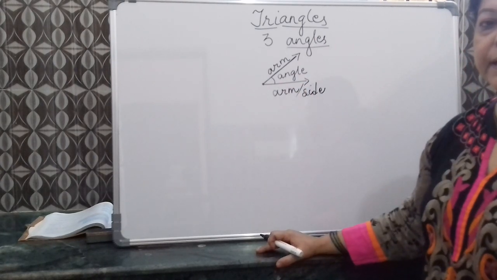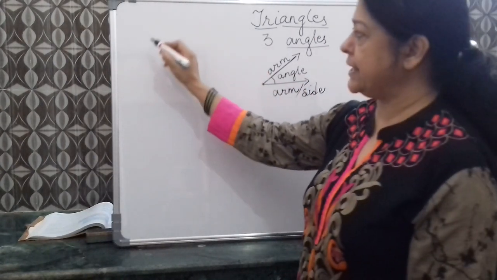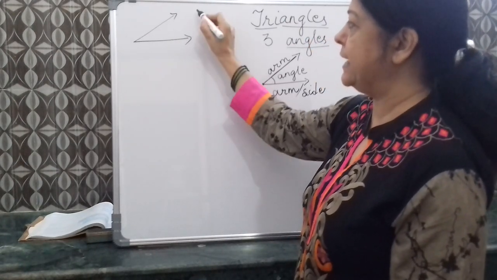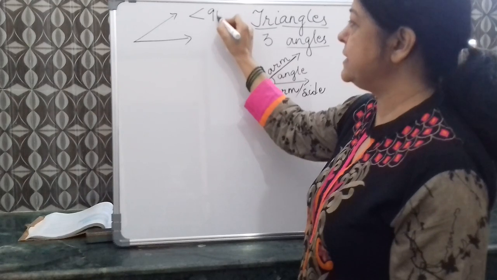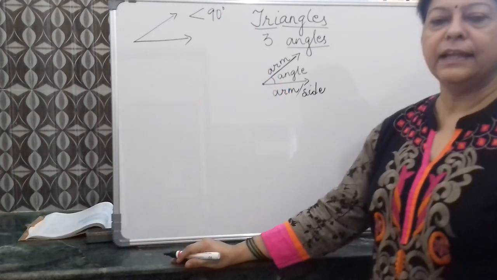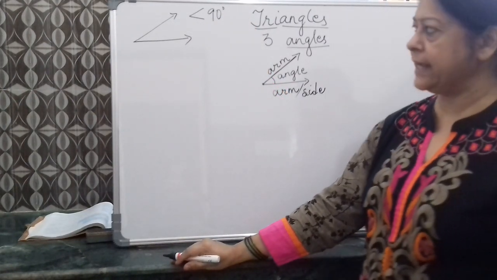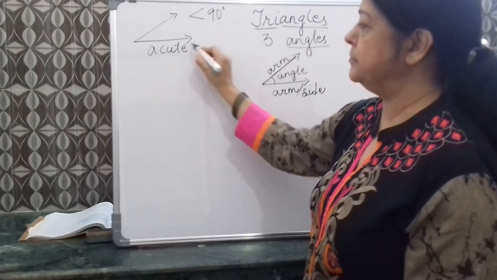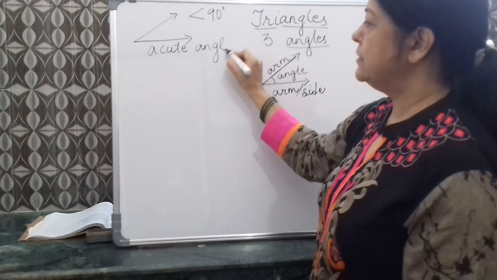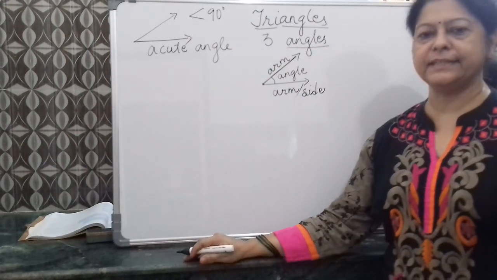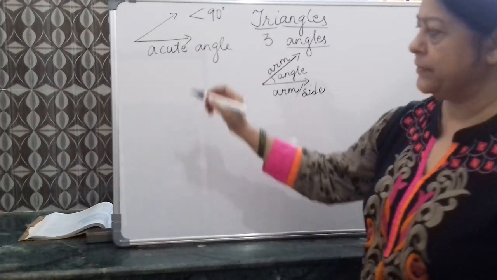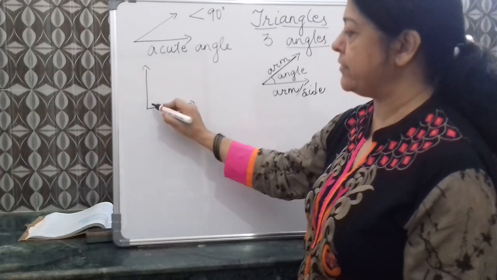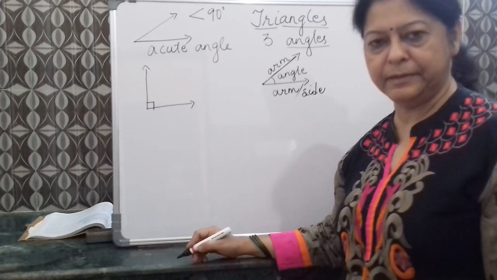Now what are the types of angle? The very first type is an angle which is less than 90 degrees. An angle less than 90 degrees is known as an acute angle. Another type of angle is a right angle.